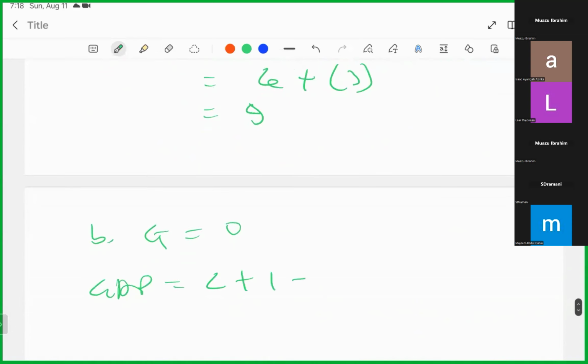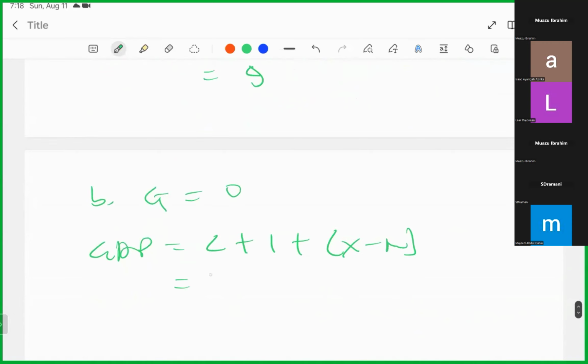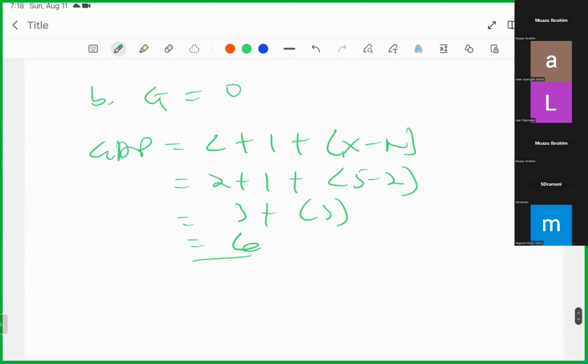So it will be this one plus, remember, an open economy, X minus M. So here will be 2 plus 1 plus 5 minus 2. So here will be 3 plus 3. This will give us 6. So this will be the GDP without government intervention.